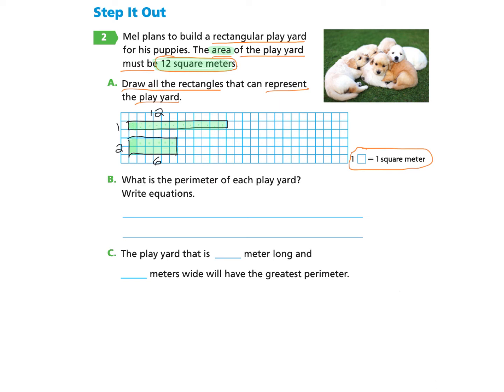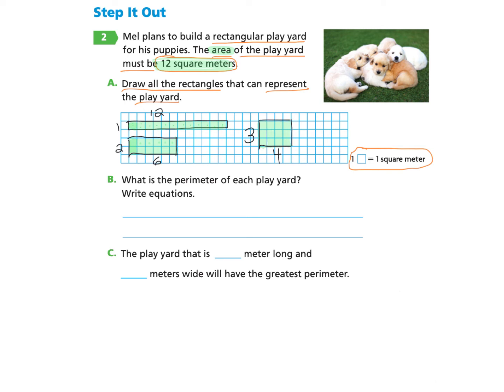Okay, now I will try using 3s. I will draw 1, 2, 3 squares here, and I will count by 3s until I get to the number 12. 3, 6, 9, 12, and then I will fill them in. So I have created a rectangle that is 3 meters across and 4 meters on the other side.